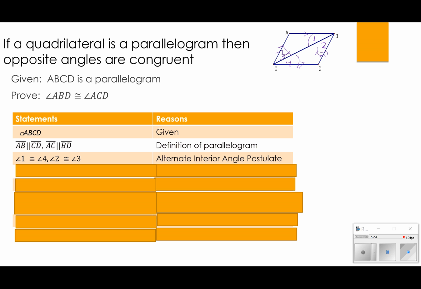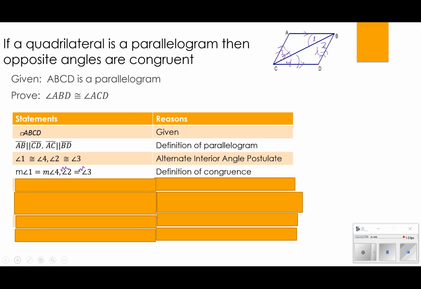So if two lines are parallel, their alternate interior angles are congruent. Okay. Then I'm just going to state that the measures of those angles are equal. Measure of angle 1 equals measure of angle 4. This should be measure of angle 2 is equal to the measure of angle 3. Okay? And that's just by definition of congruence. It's a formality for what we're going to do.